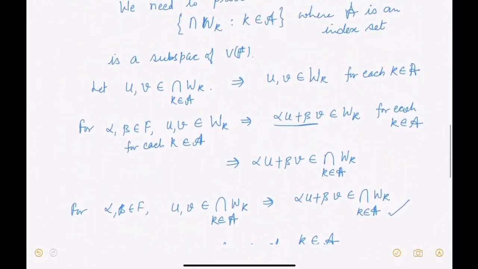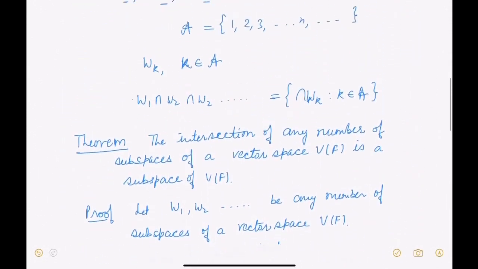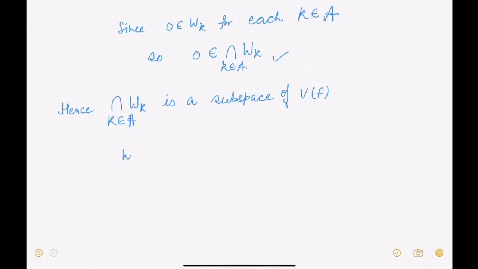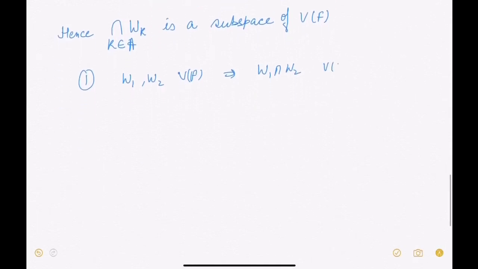So now we have learned today two theorems. One, if W1 and W2 are subspaces of V(F), then this implies W1 intersection W2 is also a subspace of V(F). Next one, if we have any number of subspaces of V(F), then this implies their intersection is a subspace of V(F).